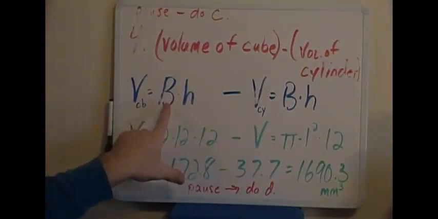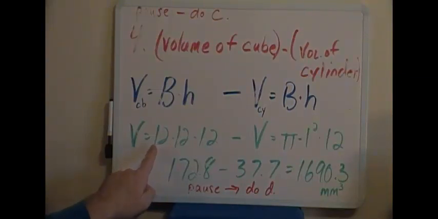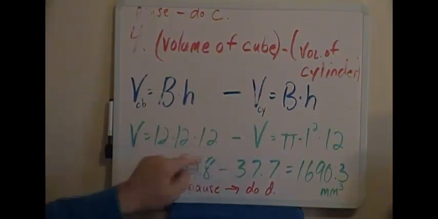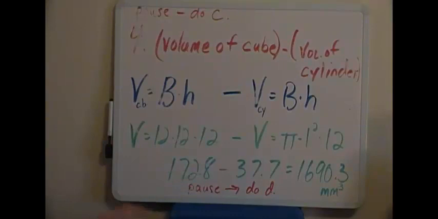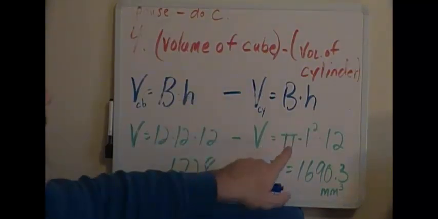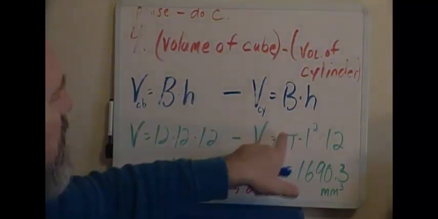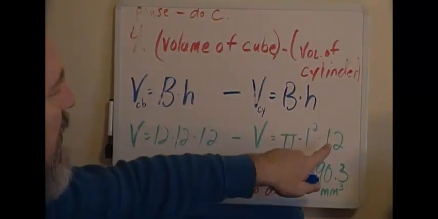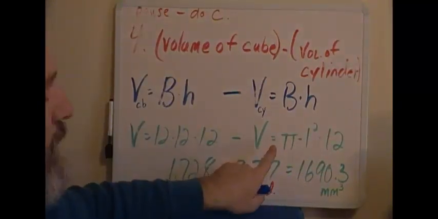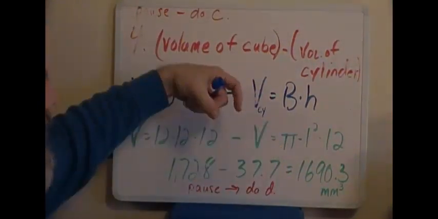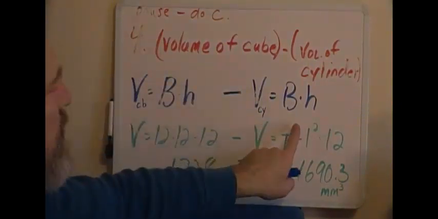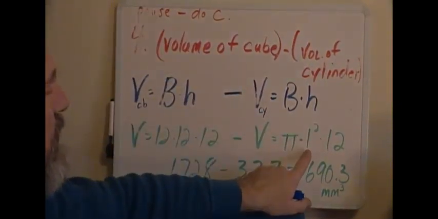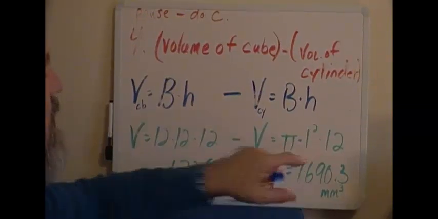So the volume of the cube is easy. It's a cube, so it's 12 times 12 times 12, which is 1,728. Okay? The volume of the cylinder is, once again, the area of the base, which is a circle, pi r squared, times its height. Well, if you take a look at the diagram, we have a diameter of that hole as 2, but we're going to reduce it to 1 because that would give us a radius.